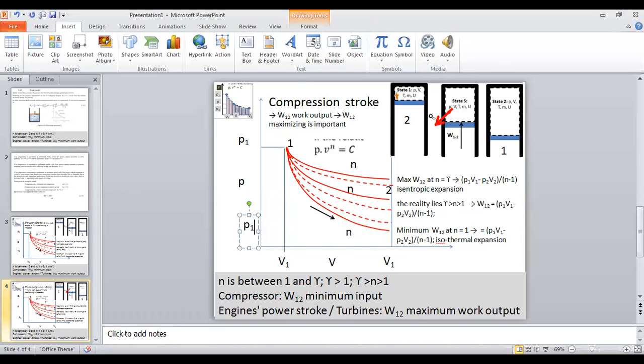P1 and V1 is somewhat fixed. P1 and V1, quite interesting. So let's say this is the point, P1, V1.